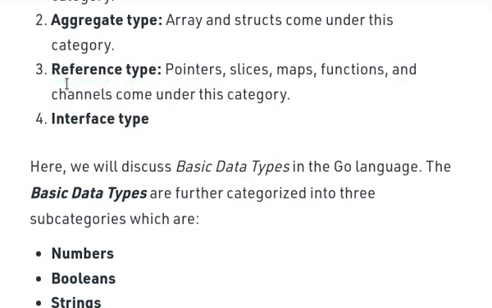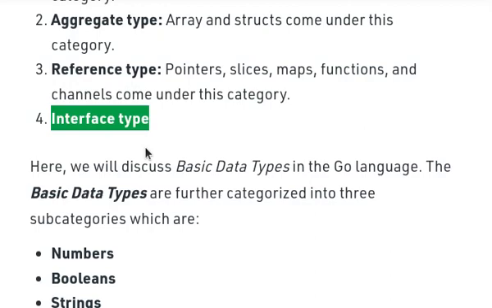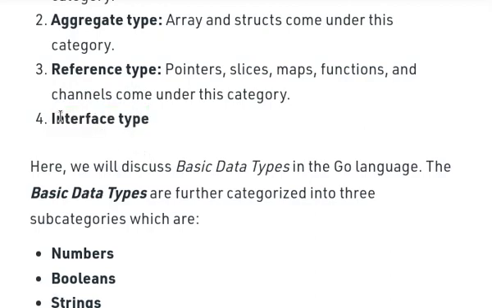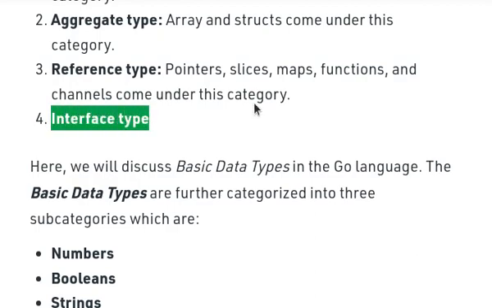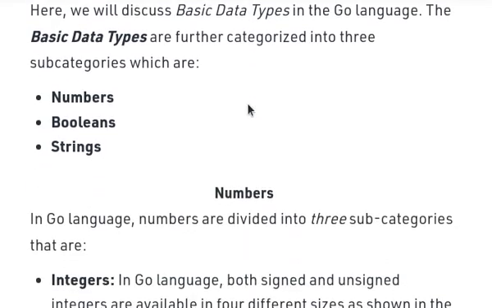This is a new concept in Golang, basically used for concurrent coding. Then we have interface. In Golang we don't have classes, so we do all the functionality of classes using interfaces only. We will see that in a while.